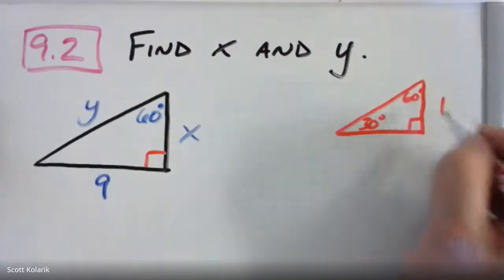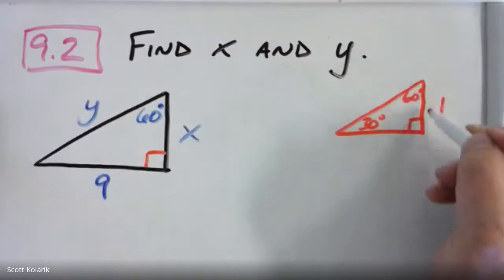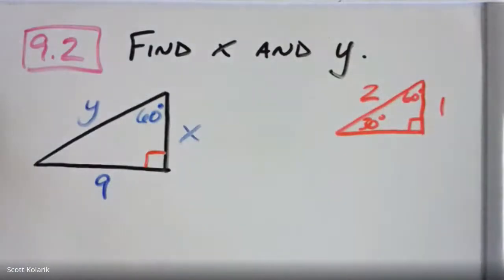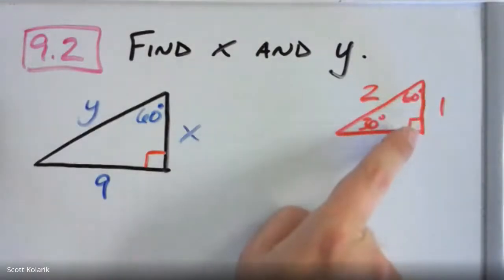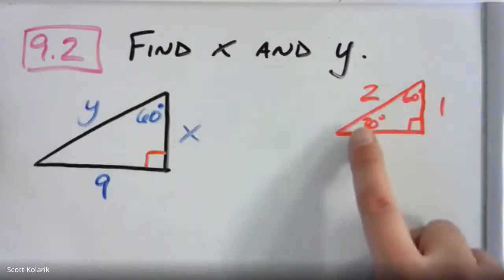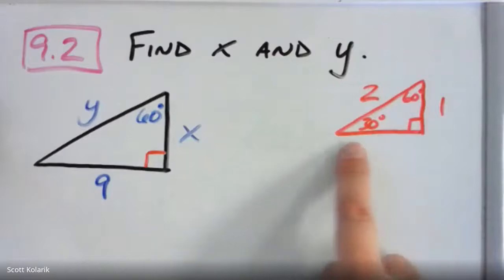So the ratio here is that in a 30, 60, 90 triangle, whatever length this short leg is, I'm going to multiply it by 2 to get the length of the hypotenuse. So for instance, if this was 17.8 miles long, I would multiply that 17.8 by 2 to find the length of the hypotenuse. What would I do to find the length of the side opposite the 60 degrees?